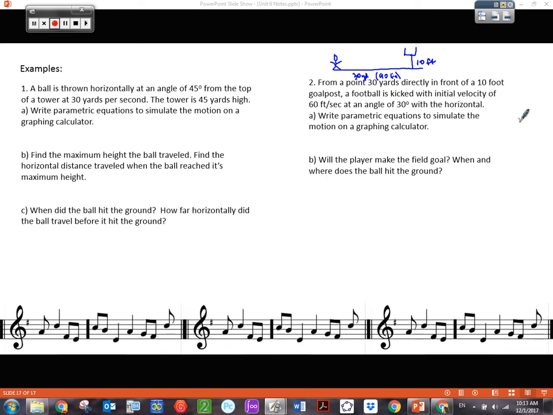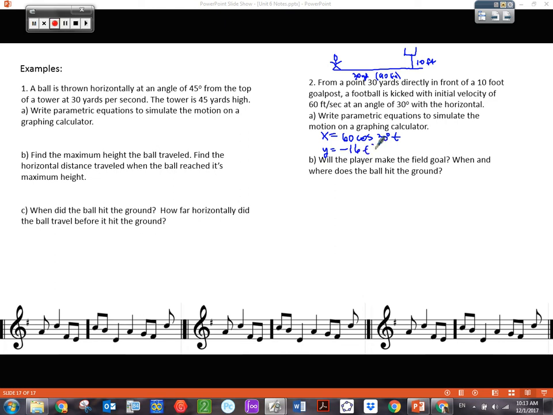Okay. So let's write our equation. So we have x equals, our initial velocity is 60 feet per second, and x goes with the cosine, 30 degrees t. We're not going to do a horizontal displacement. Then we have y equals, so we're in feet, so what's that acceleration due to gravity if we're in feet? It's 32, right? So 32 times a half would be 16, so it's negative 16 because negative is in the formula.